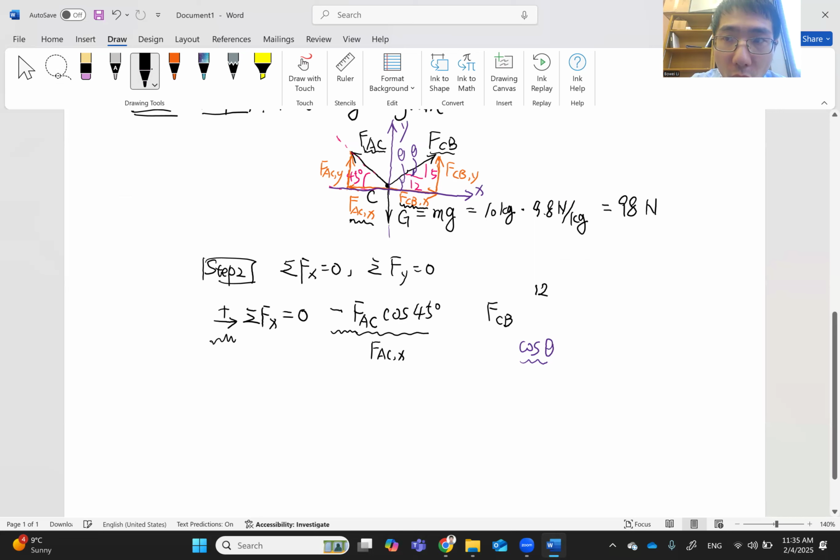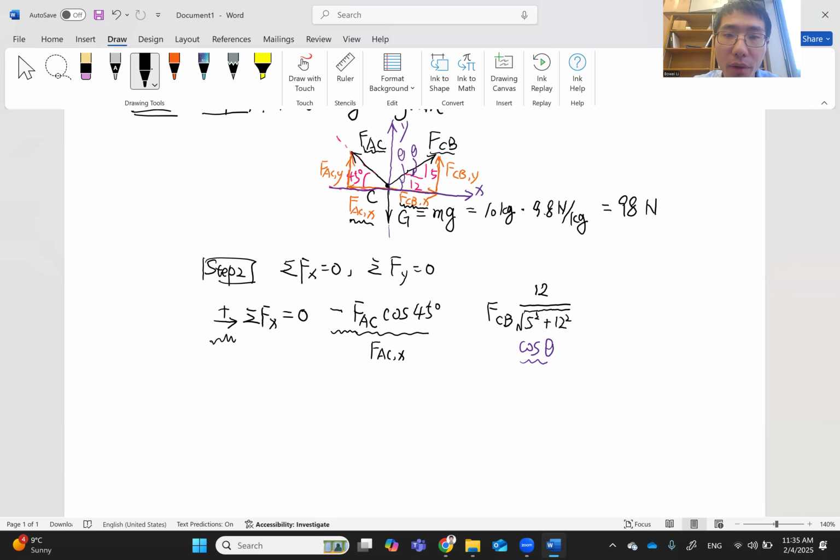Please note, now we are looking at the small triangle. Do we know the hypotenuse here? Since the small triangle is a right triangle, the hypotenuse equals the square root of the summation of the squares of the base and height. So this ratio is the cosine theta here.